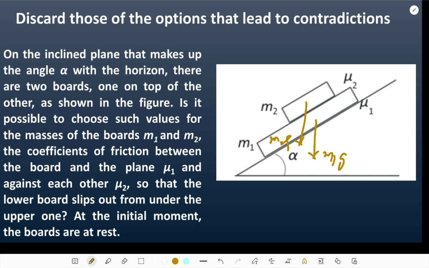M1 पर जो नॉर्मल लग रहा होगा, इस नॉर्मल को मैंने N1 मान लिया. M2 पर जो नॉर्मल लग रहा होगा, इसको मैंने N2 मान लिया.